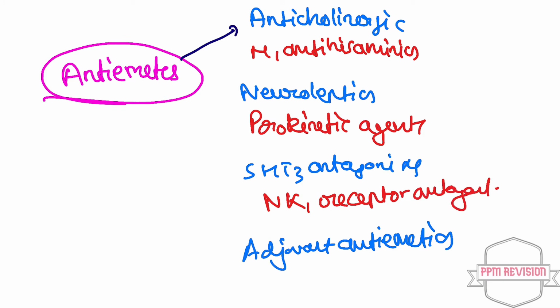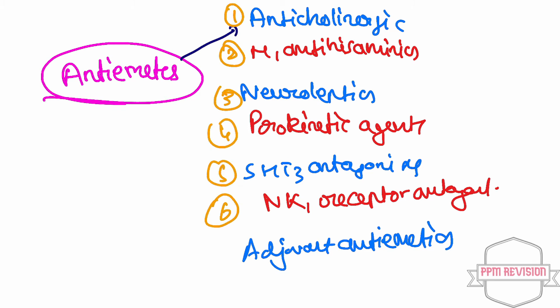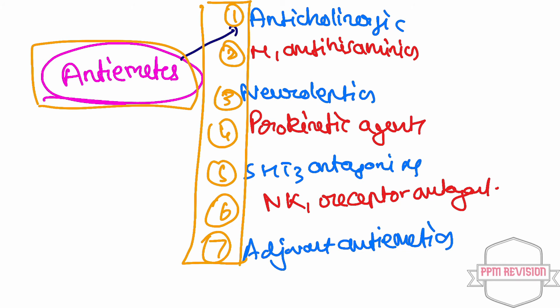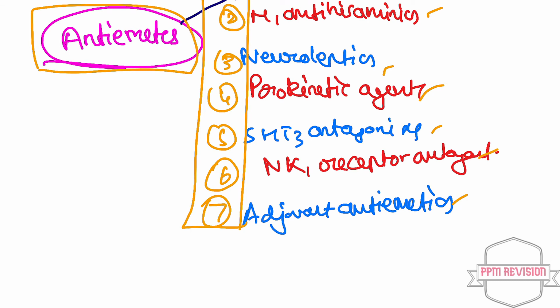Let me just number it: 1, 2, 3, 4, 5, 6, 7. So in case of antiemetics, we need to know that there are 7 categories, and we need to mention all of them. In an MCQ exam we need to know everything, so that is the main focus here.